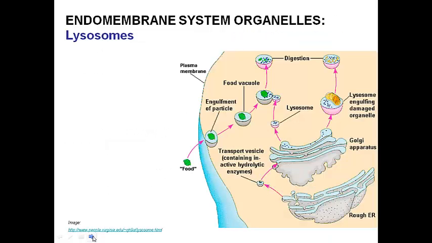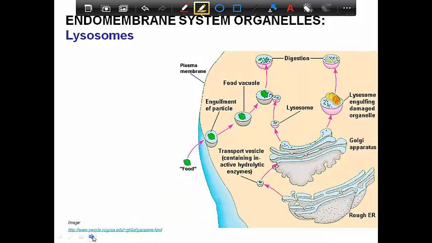Okay, so here we have our lysosomes. We'll look at the diagram first to make sure you see this visually before we write it down. On this diagram, we're going to start with the rough endoplasmic reticulum down here. It's made some enzymes. Remember, enzymes are made out of protein. So it's exported some protein in a little vesicle.